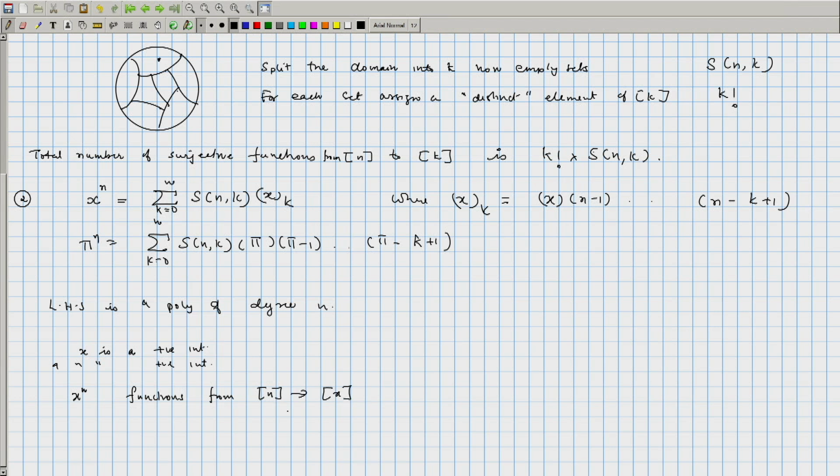Choose numbers from 1 to n, and for each of them choose an image; that would be a particular function, and in that way you can find all functions. So, the total number of ways of doing that is x into x into x, n times. So, that is x raised to n. So, this is the LHS, the number of functions from n to x. Now, we want to count this set in a different way.